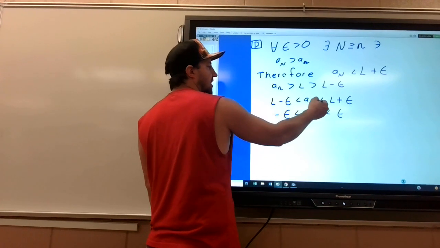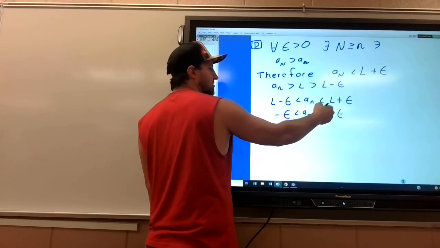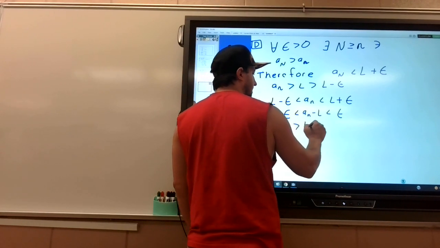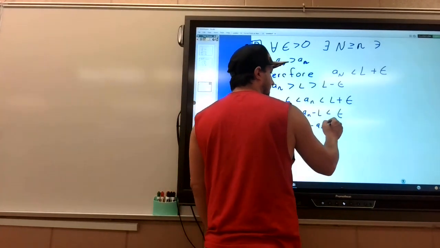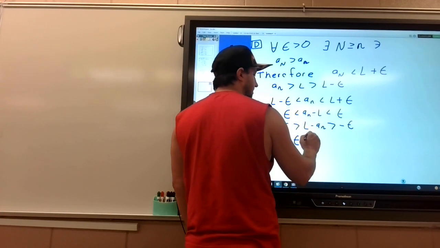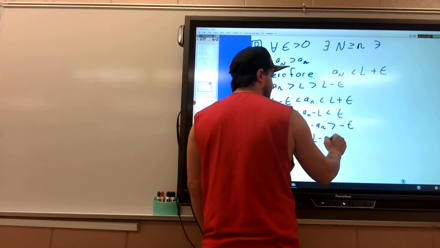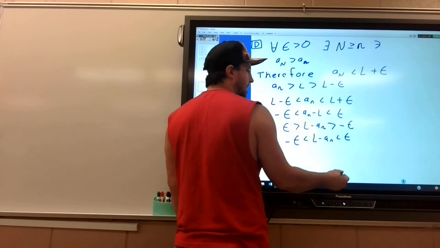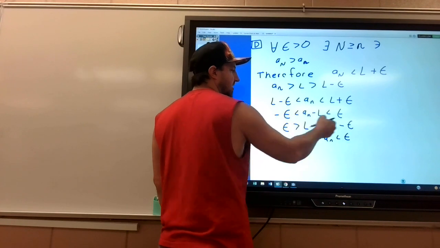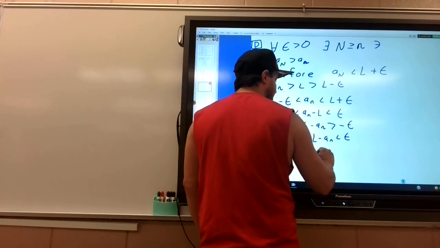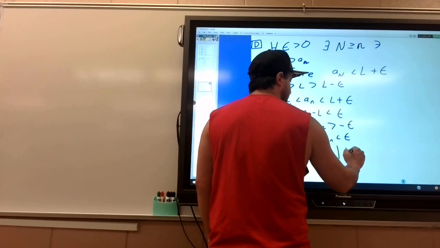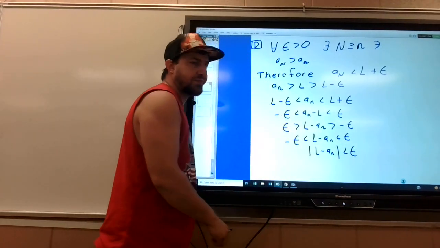In order for this to work, I need L minus a sub n, so I'm going to run negative through all of this. So epsilon greater than L minus a sub n greater than negative epsilon. I'm going to rewrite that: negative epsilon less than L minus a sub n less than epsilon. As you recognize, this is an absolute value, so the absolute value of L minus a sub n is less than epsilon.